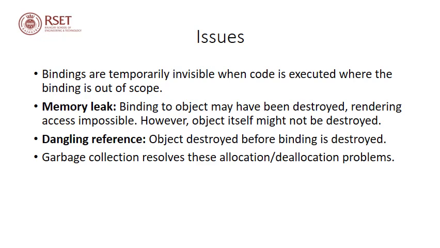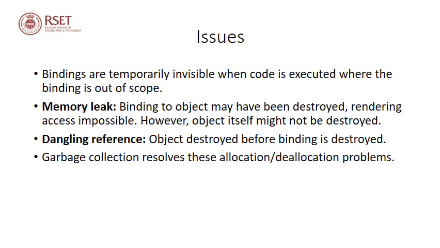Without calling free or the delete operator, if we again allocate another set of memory to the same pointer p, the previous binding has been destroyed, but the memory location initially assigned still remains marked as used. So the binding to the object may have been destroyed, rendering access impossible. However, the object itself might not be destroyed. In the case of a dangling reference, the object is destroyed before the binding is destroyed.